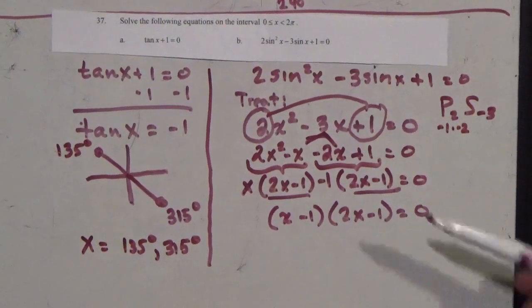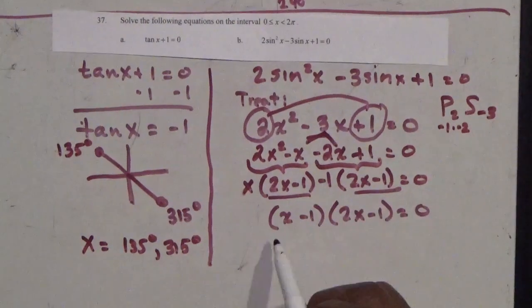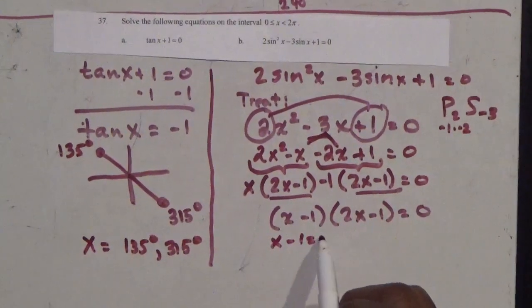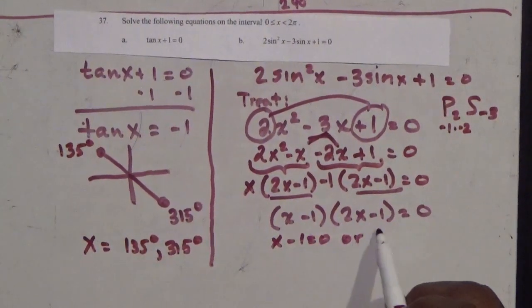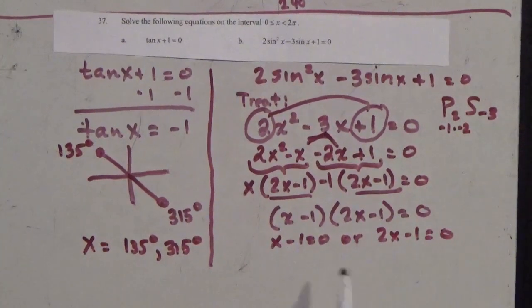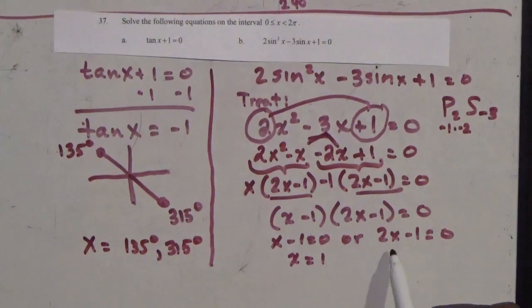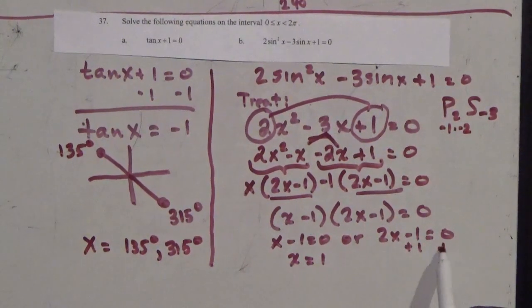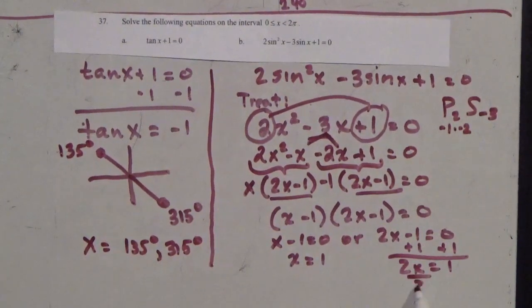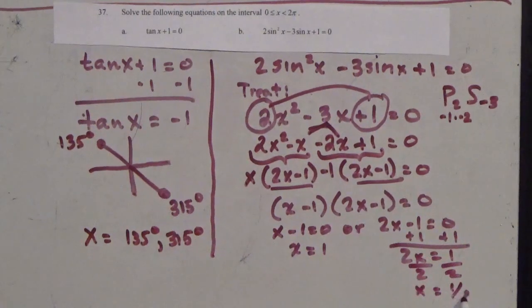Now that we factored this, let's finish solving first. x minus 1 is equal to 0, or 2x minus 1 is equal to 0. So x is equal to 1, or adding 1, 2x is equal to 1, x is equal to 1/2.